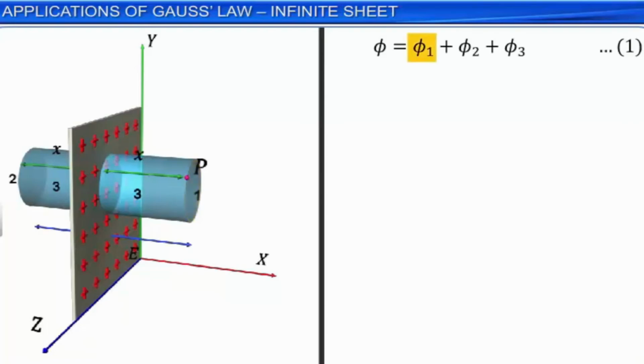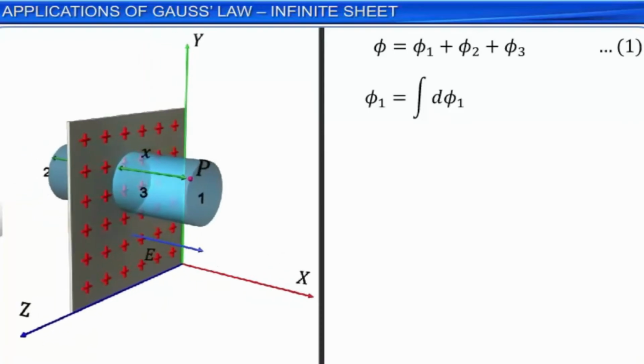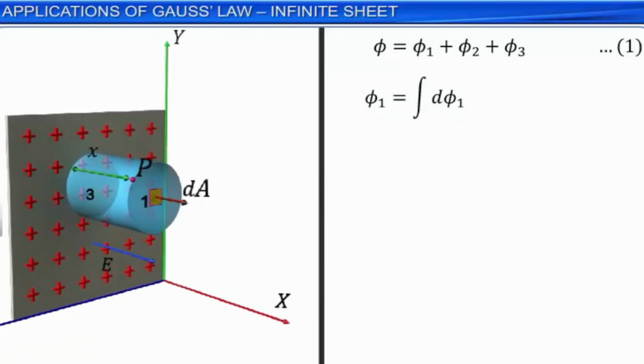According to Gauss law, we can write Phi 1 equal to integral d Phi 1. Here, d Phi 1 is the electric flux through a small element of area dA on surface 1. d Phi 1 is equal to E dot dA, where E is the electric field strength at the local element considered, and dA is the area vector with respect to the local element considered.